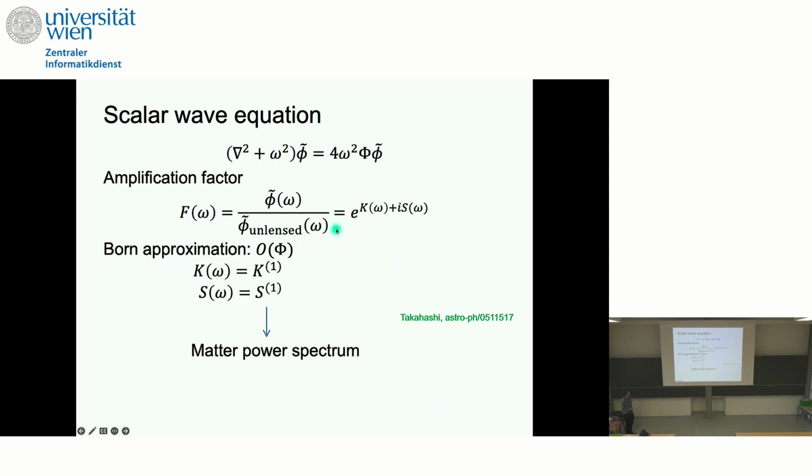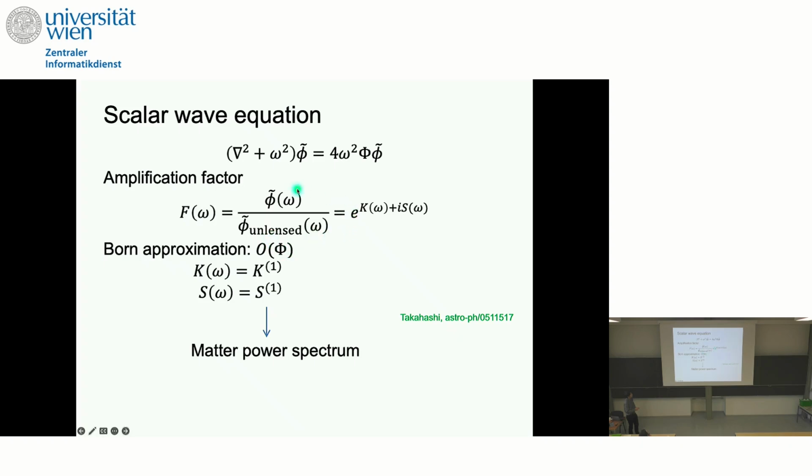If we expand, we can solve this equation by using the Green function technique and iteratively obtain the solution in terms of a series expansion of the small quantity phi, so long as we are assuming phi is small.